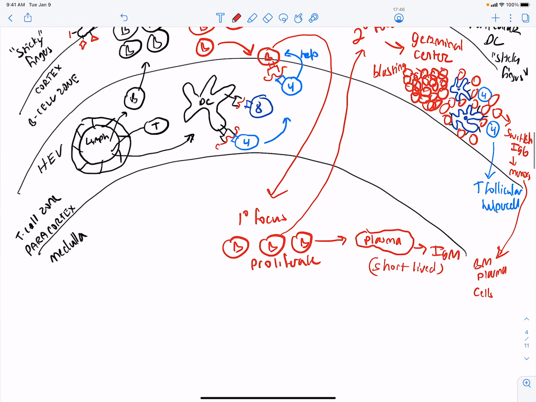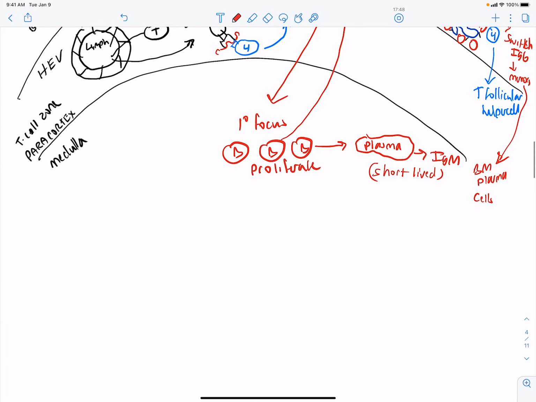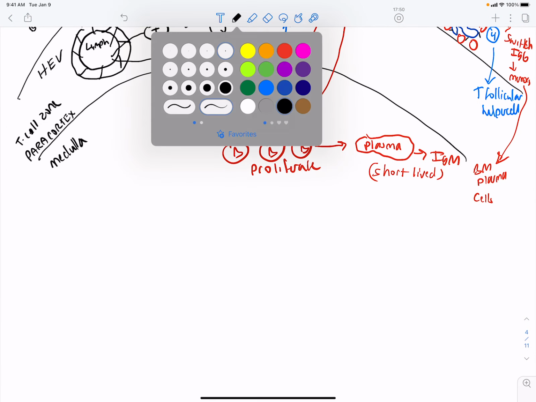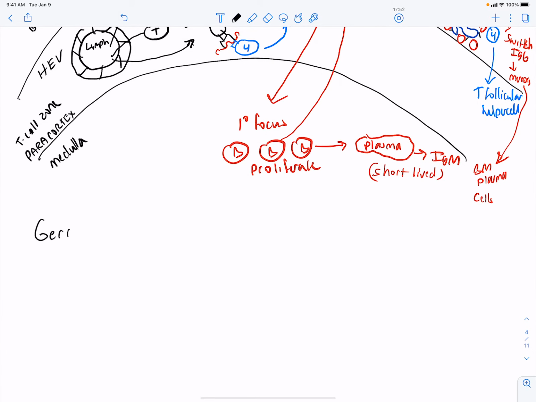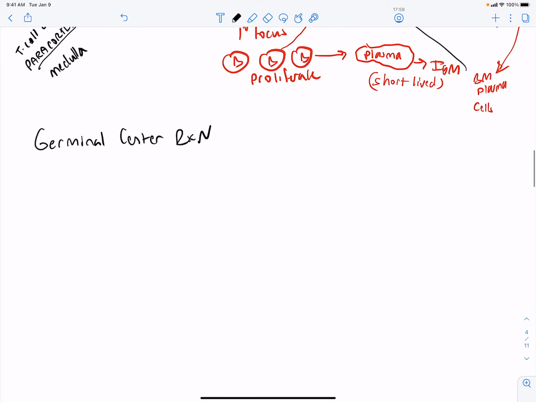So really what's happening in the germinal center, so let's do a really quick germinal center reaction. So for the germinal center reaction, you're going to have a dark zone, and you're going to have a light zone.